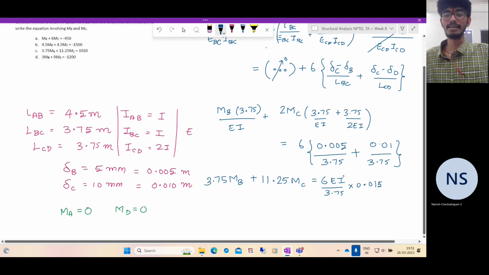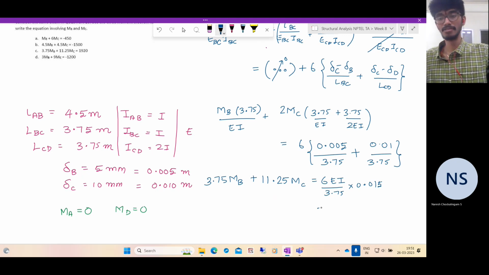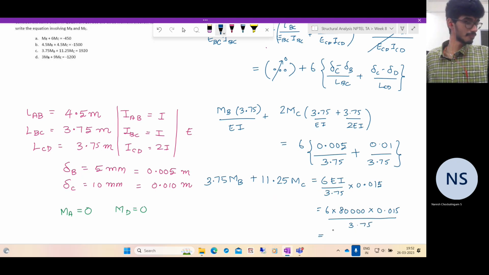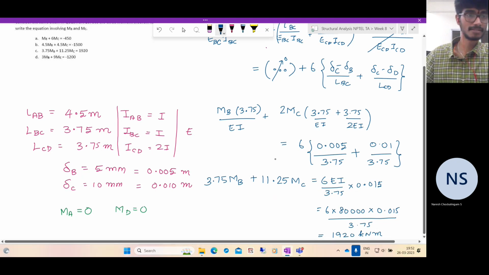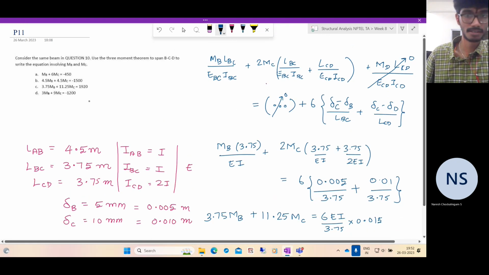So what is EI? EI, it's already given as 80,000. So 6 into 80,000 into 0.015 by 3.75. Right hand side evaluates to 1920, units are kilonewtons meter. So which option is it? It is option C.